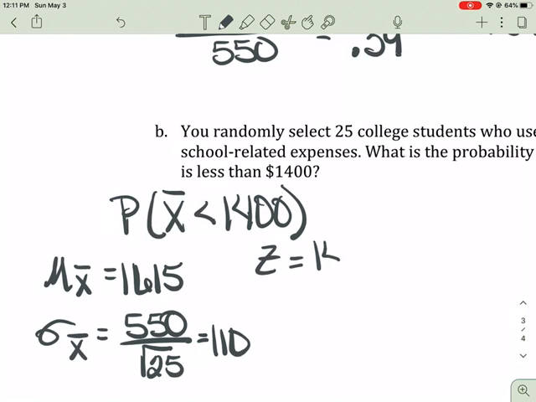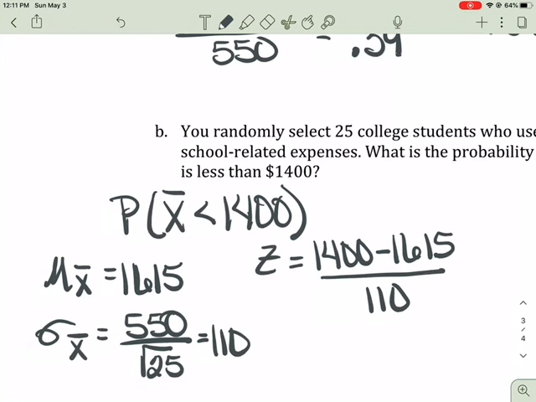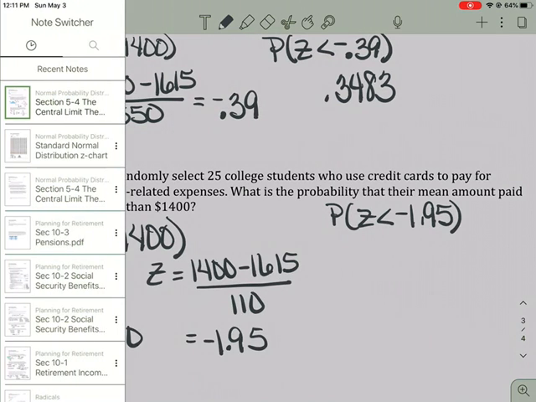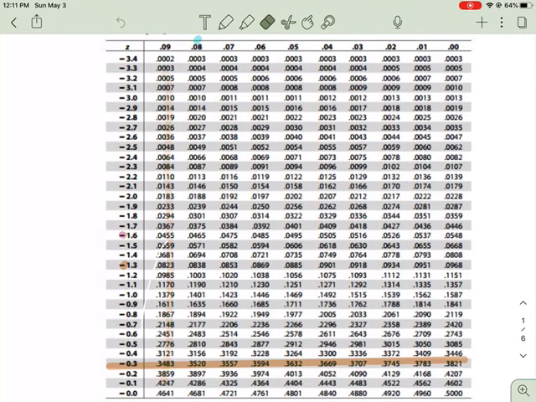So when I convert this to a Z, 1400 minus 1615 is now over 110, not 550. So we get a different z-score now of negative 1.95. We're going to find the probability that z is less than negative 1.95. Look that up.